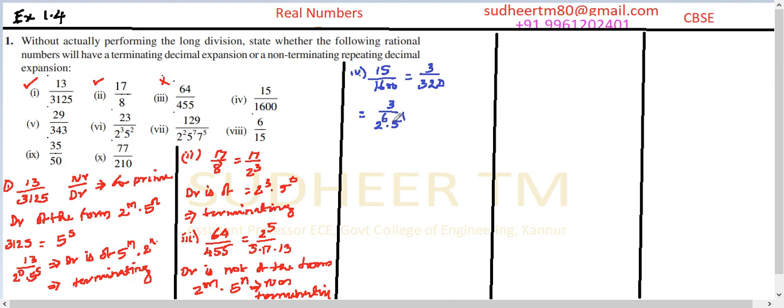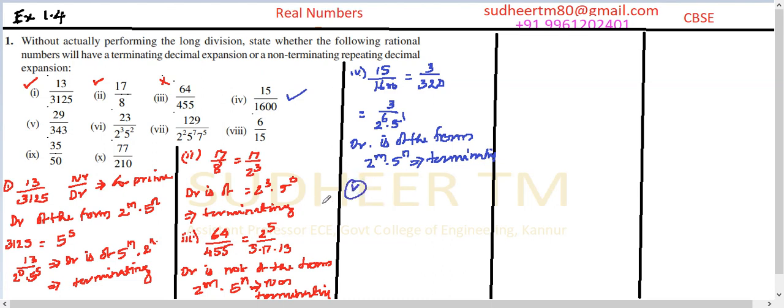There are no common factors between up and down, and the denominator is of the form 2 raised to m 5 raised to n, which gives terminating. So 15 divided by 1600 is terminating.